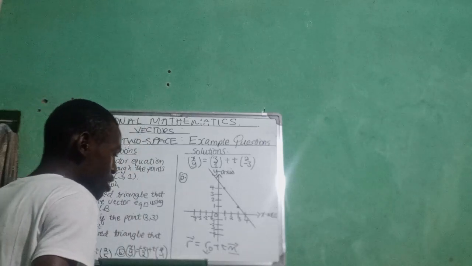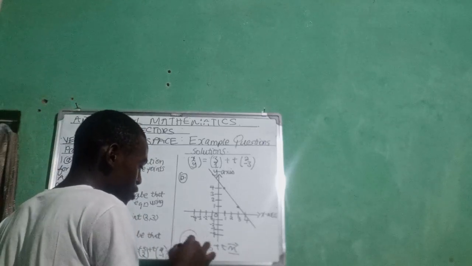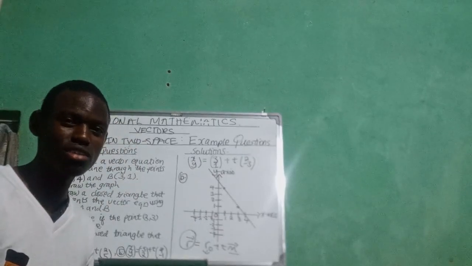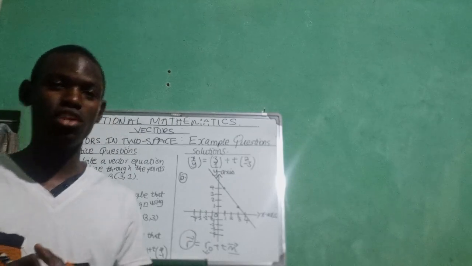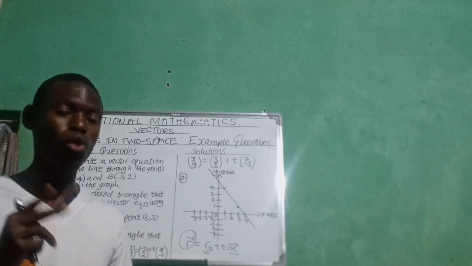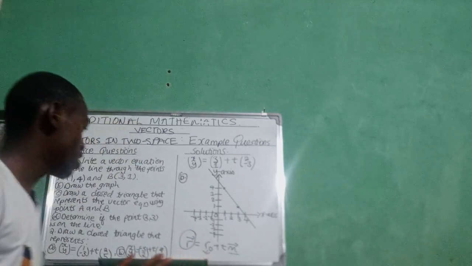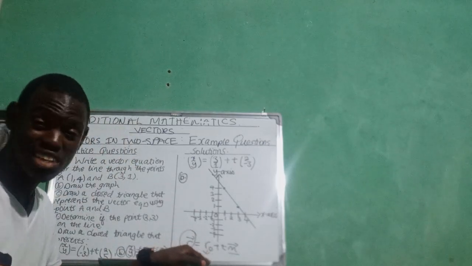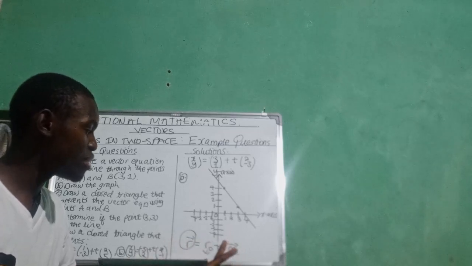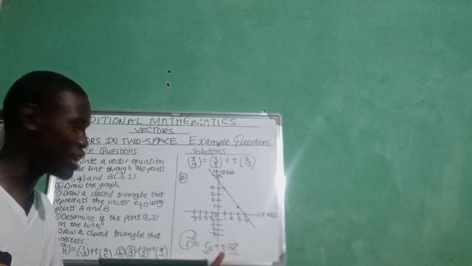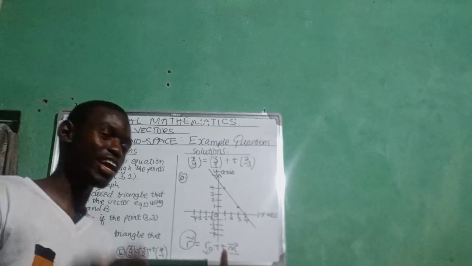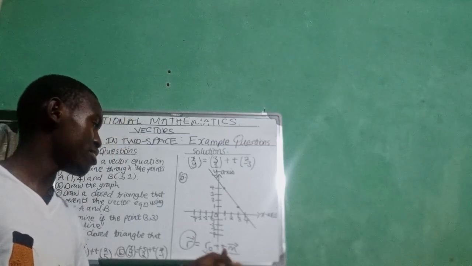This R right here is called a resultant vector. A resultant vector comes about as a result of adding 2 or more vectors. So here R naught is a vector, and M is also a vector.